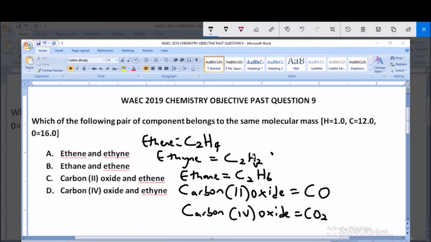Now carbon 2 oxide, from the figures given to us, we can calculate its molecular mass, which is 12 plus 16. That is 1 atom of carbon and 1 oxygen atom. So 12 plus 16 is 28. Then ethene, which we'll also be looking at.